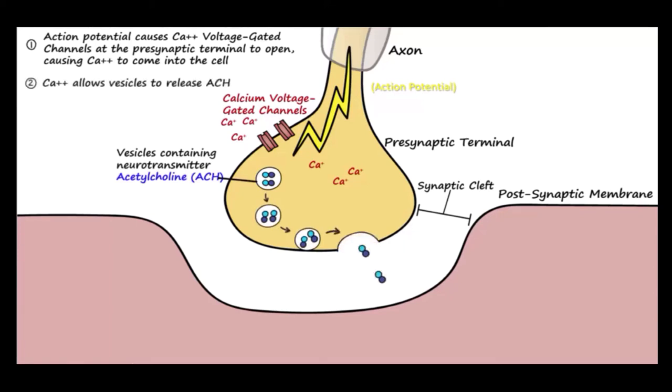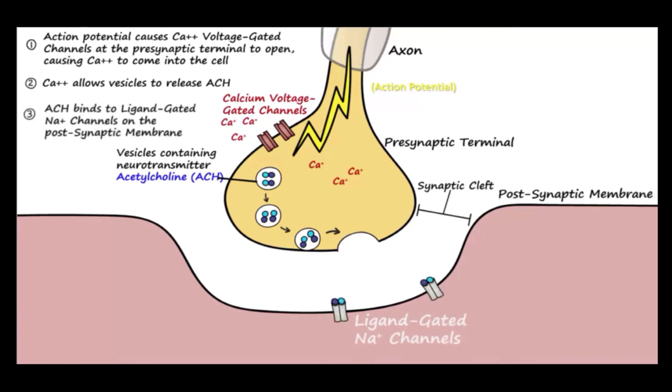Now in the synaptic cleft, the acetylcholine binds to receptors on ligand-gated sodium channels on the postsynaptic membrane. This binding causes the ligand-gated sodium channels to open, and because the sodium concentration in the synaptic cleft is higher than inside the cell, sodium ions rush into the muscle cell.